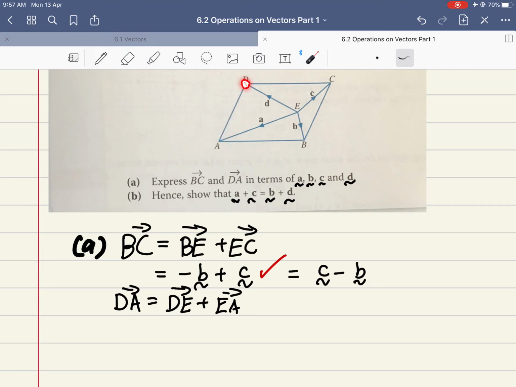I started here and ended here. The other way is to move DE plus EA and I end off at the same point. DE is not D, it's going the other way, so it's negative D plus A. Again, if you don't like the negative symbol in front, you can write it as A minus D.